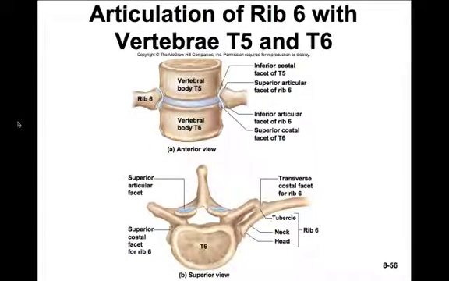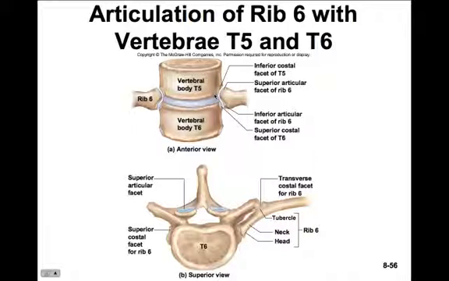So let's take a closer look at the articulations of the ribs with the vertebrae. Here you can see two vertebral bodies. The ribs will sit right in between, articulating with the inferior costal facet of T5 and the superior costal facet of T6. The rib has its corresponding inferior articular facet that interacts with the superior costal facet on the vertebrae, and a superior articular facet of the rib that articulates with the inferior costal facet of the vertebrae.